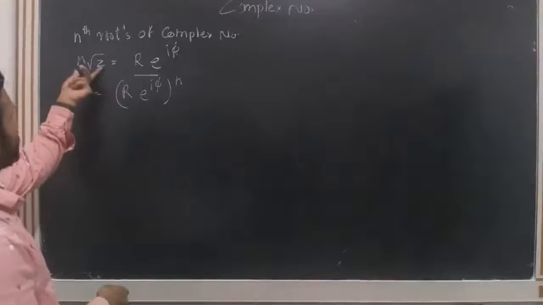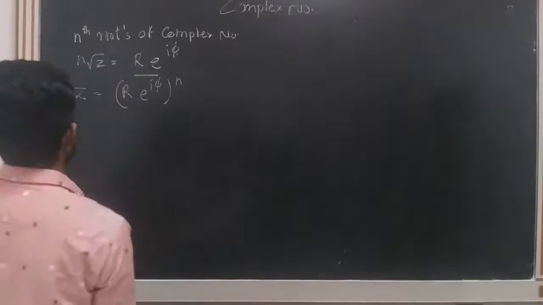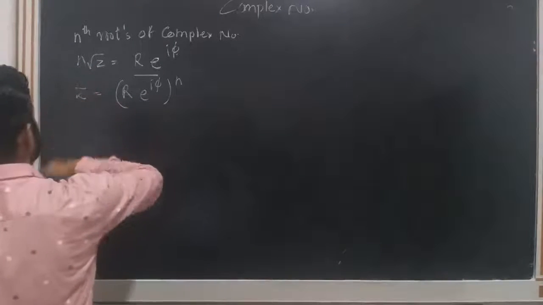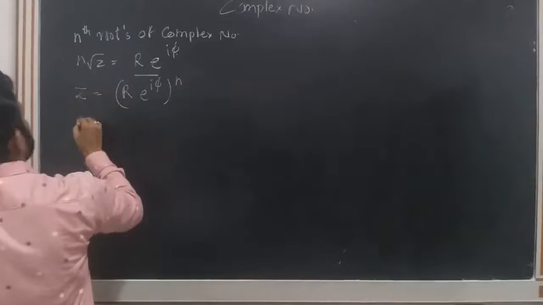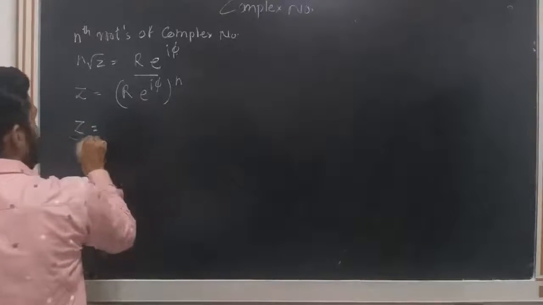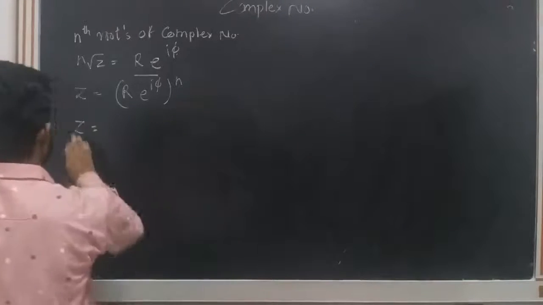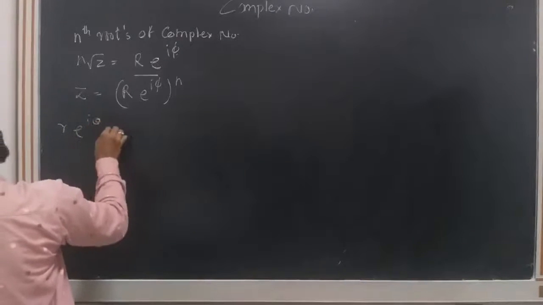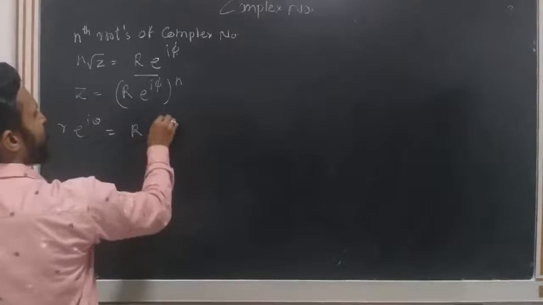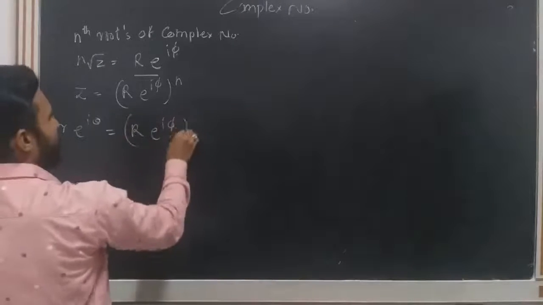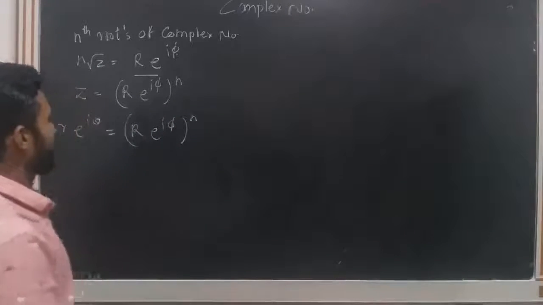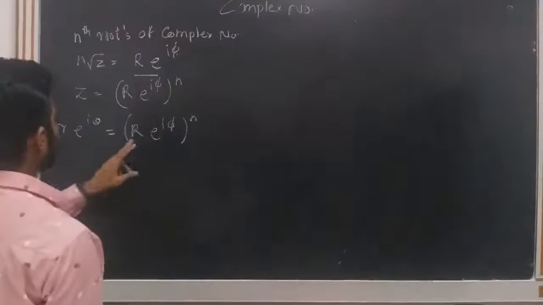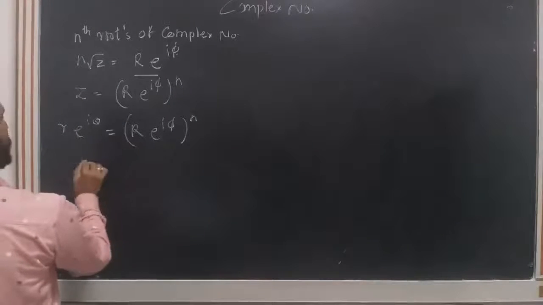Okay, just multiply these terms. So z is equal to, we know that z is equal to r e raised to i theta, which is equal to r e raised to i phi, raised to the power n. Okay, now just compare these two equations.